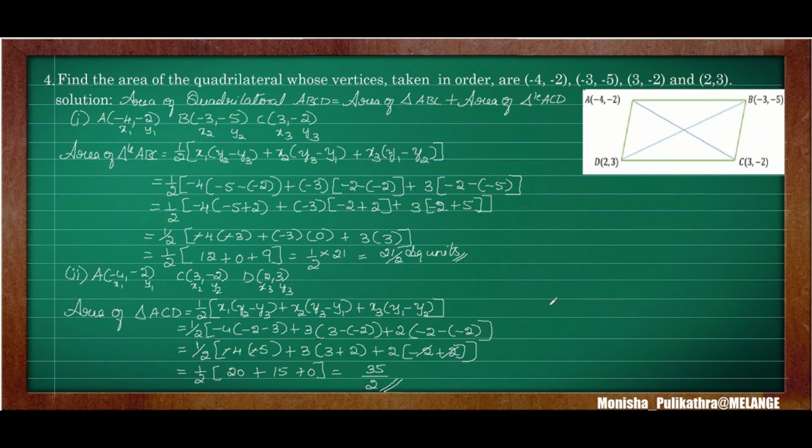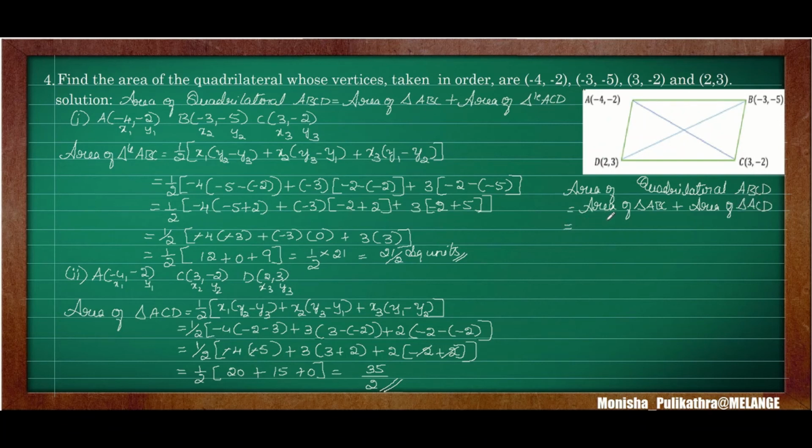So now what we have to do, we need to find out area of quadrilateral ABCD is equal to area of triangle ABC plus area of triangle ACD.